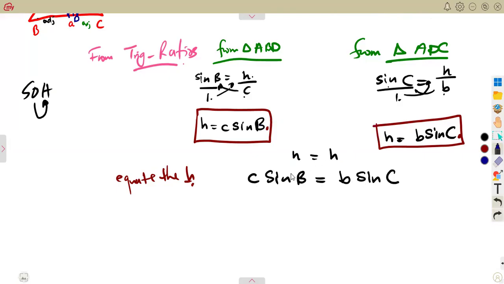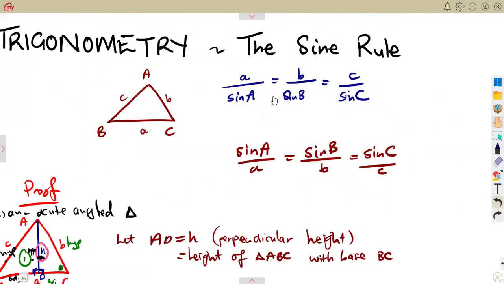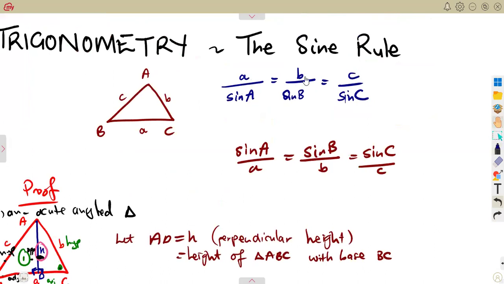All right. As we can see, guys, we have either a condition where we are going to have the A on top, the B on top, or we are going to have the angles on top. It's up to you.